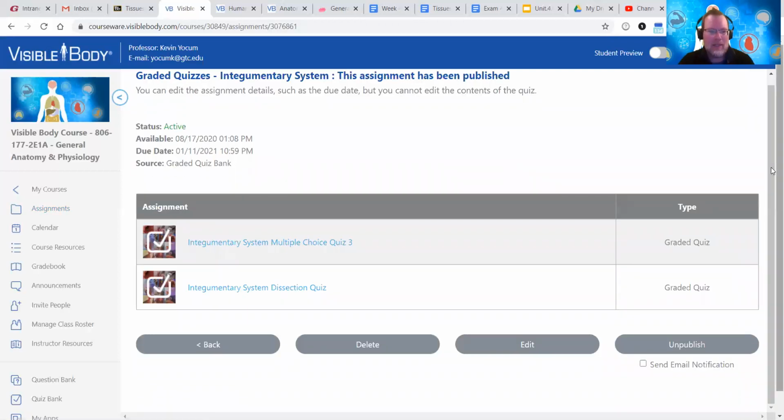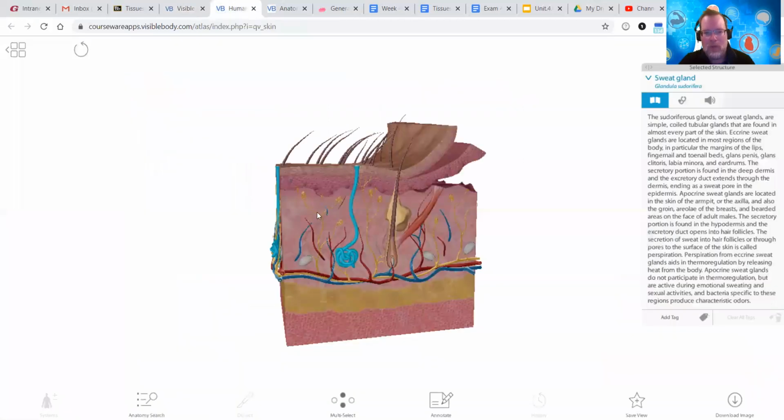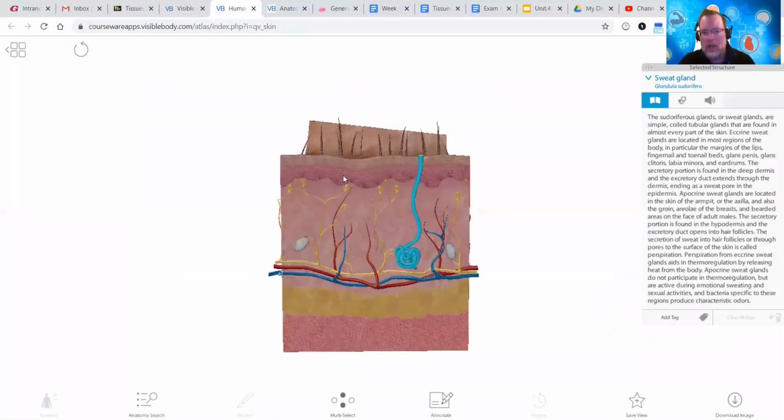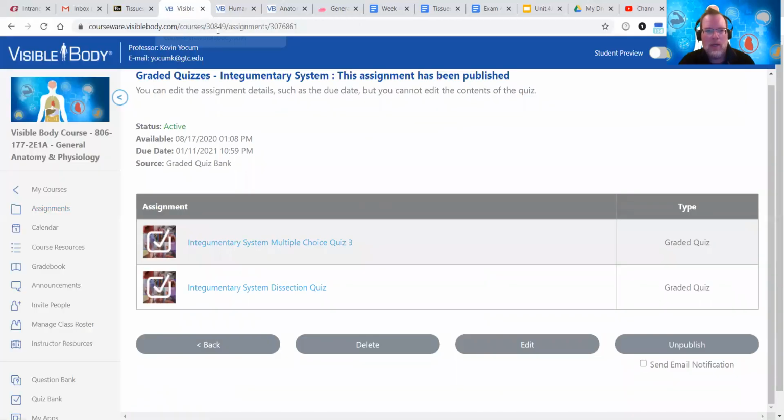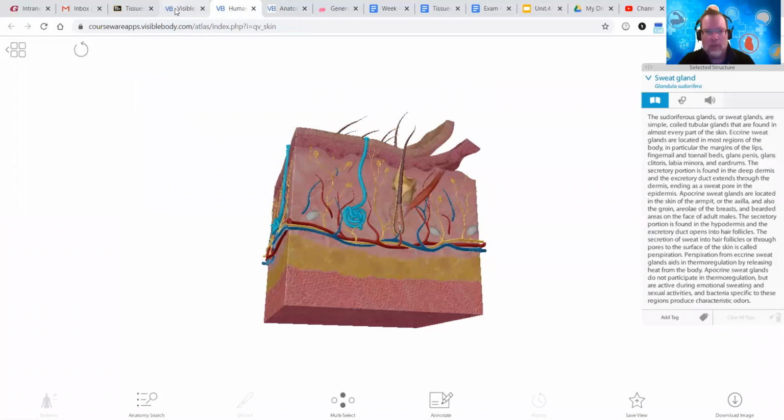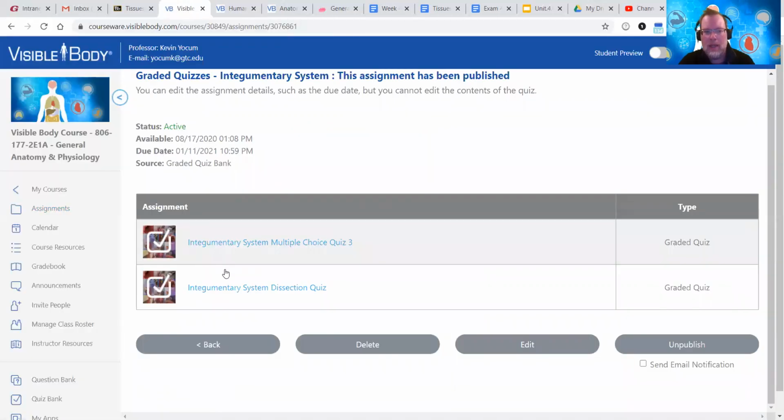So anyway, lastly, here are those quizzes. There are 2 integumentary quizzes. One is the dissection type of quiz, which is going to relate a lot with this. So you may want to have this open, the Human Anatomy Atlas, while you're taking the dissection quiz. And that's it. That's all you need to do for Visible Body.